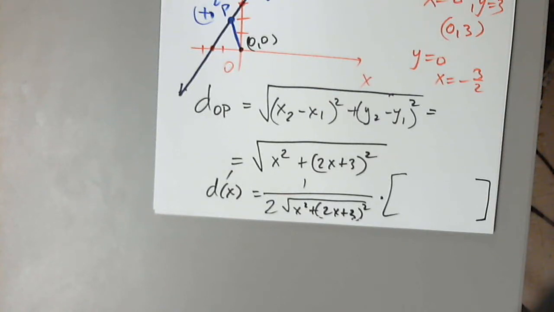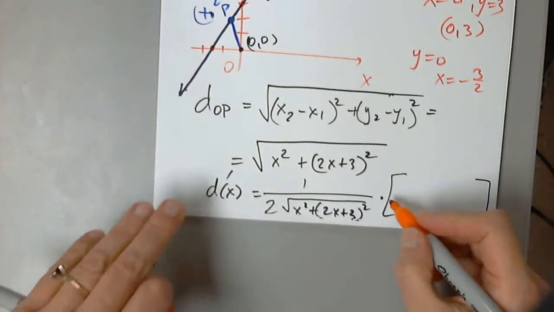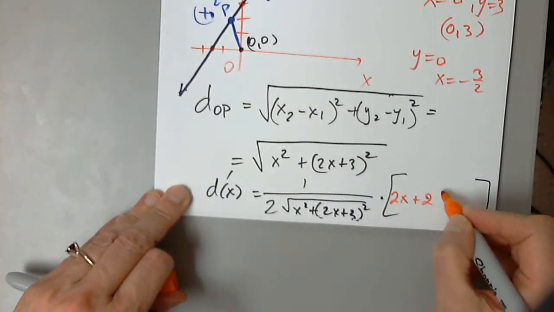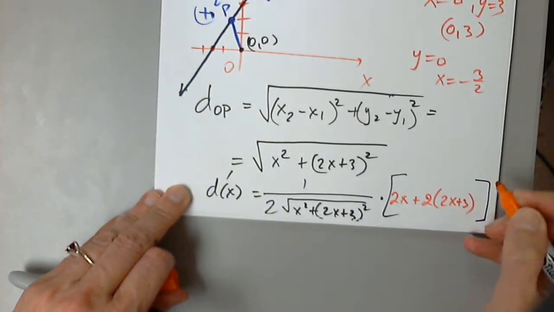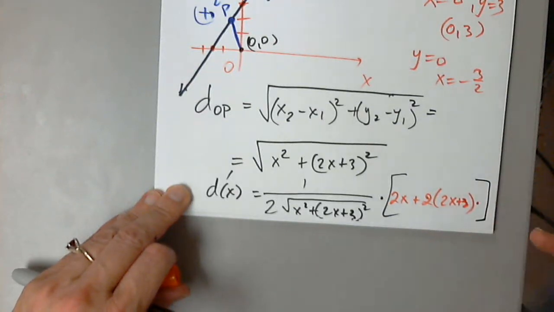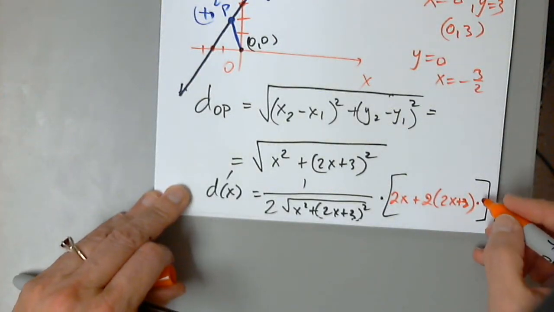So 1 over 2 the square root times 2x and plus 2 times 2x plus 3 times the inner function prime. 2.